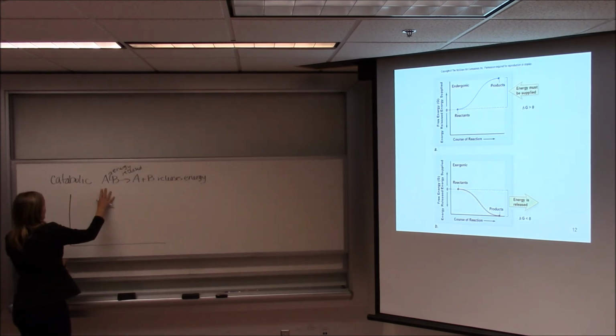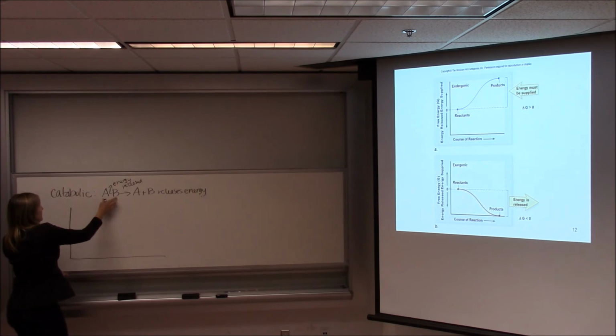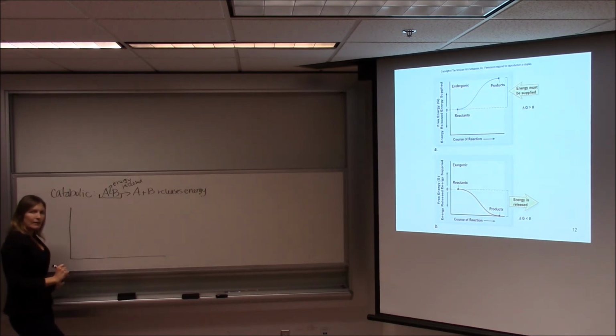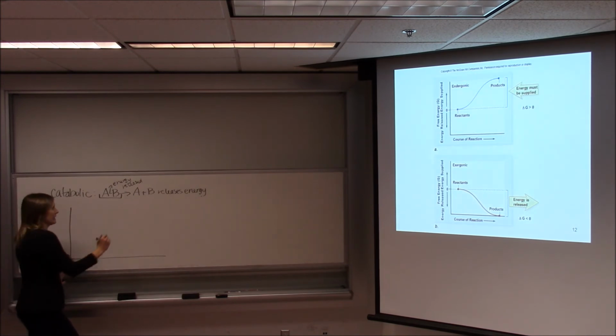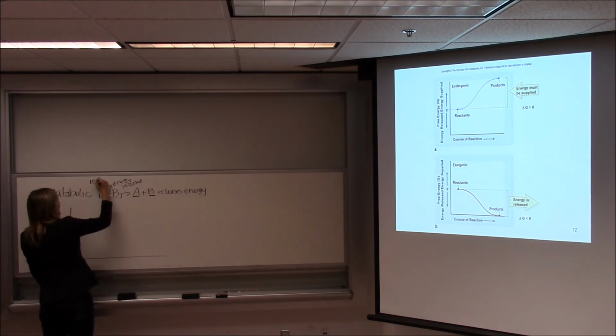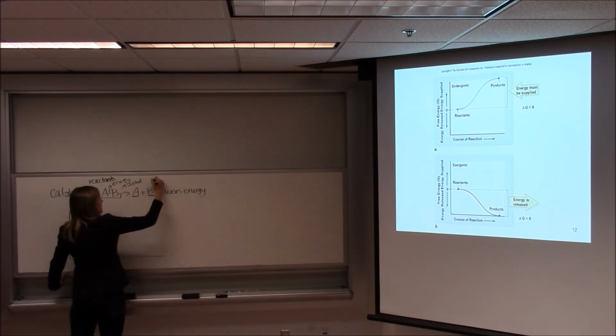In this reaction, this catabolic reaction, we have this molecule, AB. It has a lot of energy in that bond. Once we break that bond and we release it, now we have A plus B. So this would be the reactants on this side of the arrow, and then the products would be on this side of the arrow.